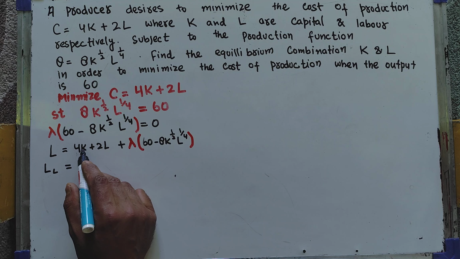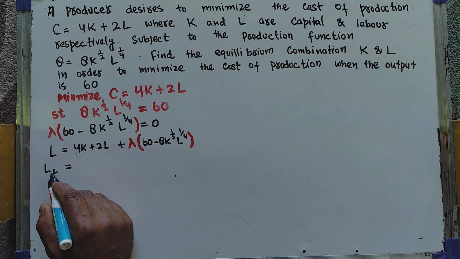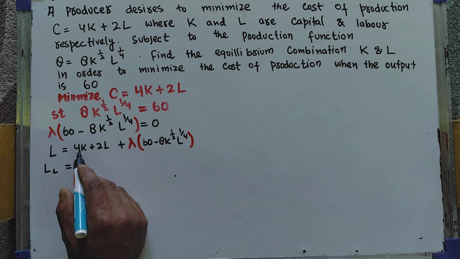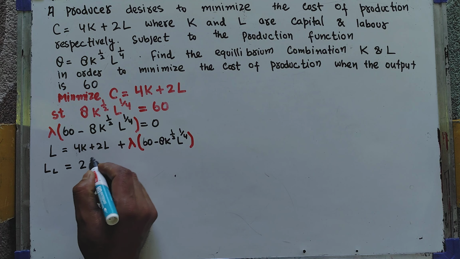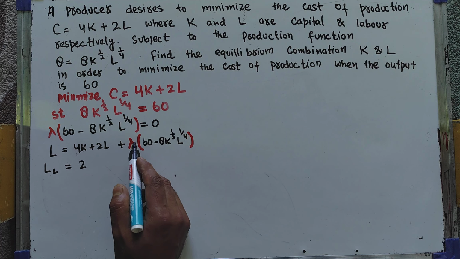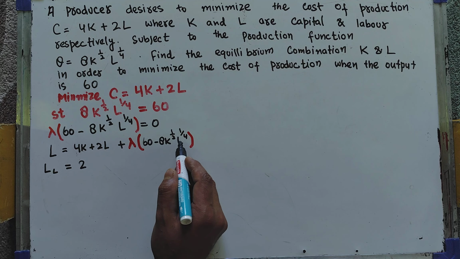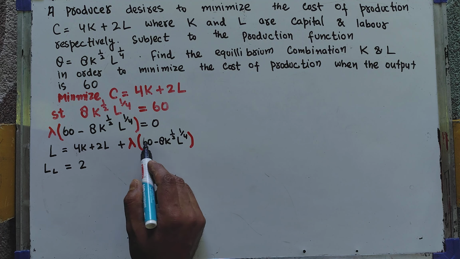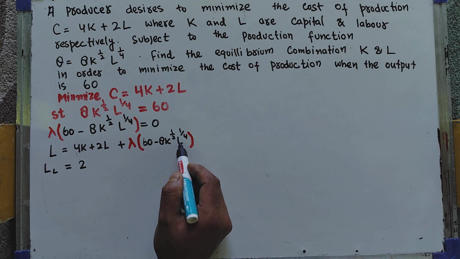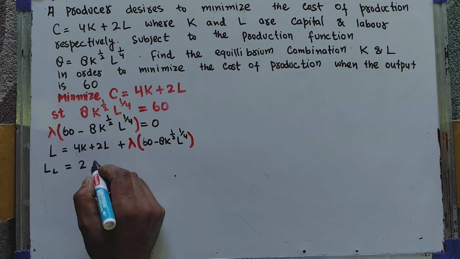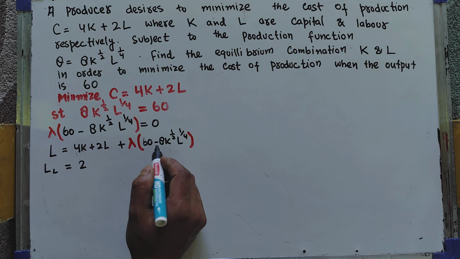Since we are taking the partial with respect to L, the derivative of the first term is 0 because here we have K. The derivative of the second term is 2, because the derivative of L is 1. Then we have this term. The derivative of 60 is 0, since it is a constant. Now we need to find the derivative of L here. The exponent of L becomes the coefficient, and we have minus, obviously.